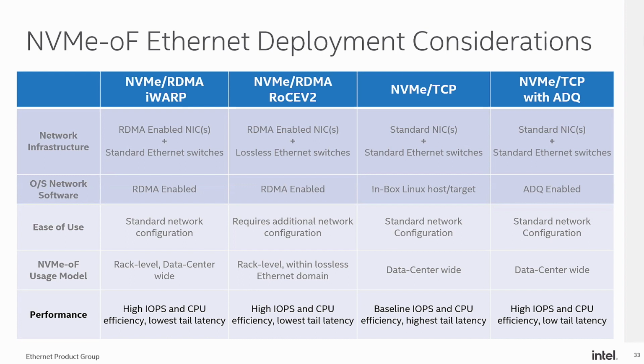On top of NVMe over TCP, you can get additional enhancements with ADQ. You get improved efficiency and also a lower tail latency. And with RDMA iWARP or RDMA RoCE v2, you get the highest IOPS, the lowest CPU utilization, and also the lowest tail latency.